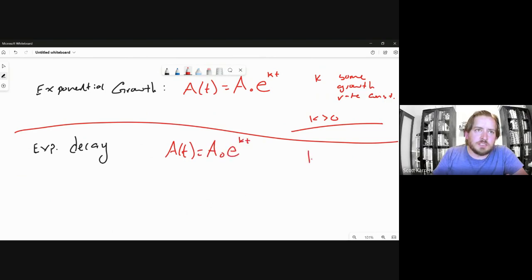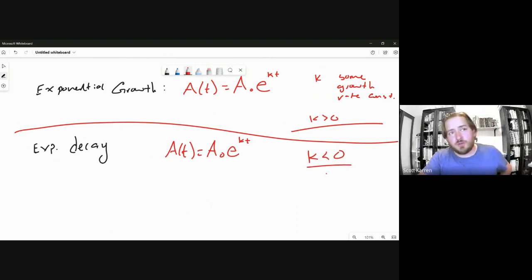The only difference is that k is less than 0. So if you have a negative rate, it's a decay. If you have a positive rate, it's growth. Exponential decay is also notable in the value of something that's used, like machines. The more they get used, the less valuable they become, things like that.